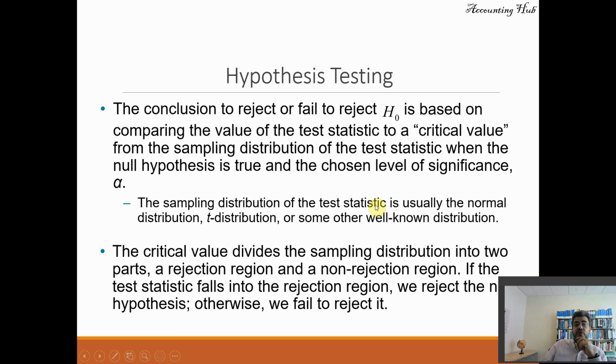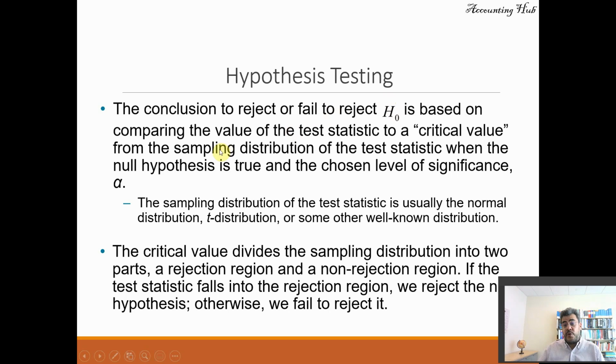And the conclusion to reject or fail to reject, so we don't accept, reject or fail to reject, is based on comparing the value of the test statistic to a critical value or comparing alpha and the p-value. The sampling distribution of the test statistic when the null hypothesis is true and the chosen level of significance alpha is usually the normal distribution, t distribution, or some other well-known distribution.